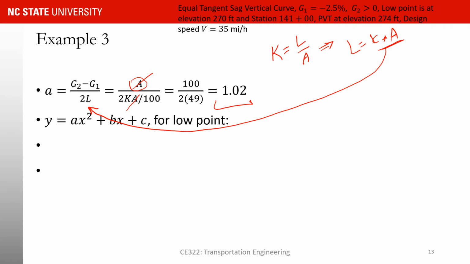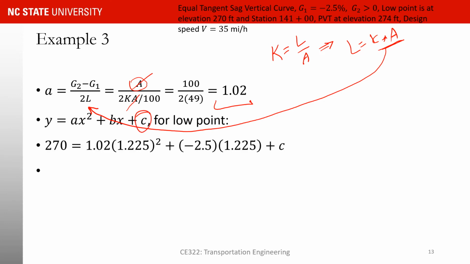That's the parameter that we need to find in our parabola's equation. So we have y equal to ax squared plus bx plus c. Now the only thing that is left is finding c, and we know that at the low point the elevation is given. So if I insert y of low point, which is 270 here, and I have a 1.02, I have b, which is negative 0.25, and for x, if I put the x of low point, it's going to be 1.225.